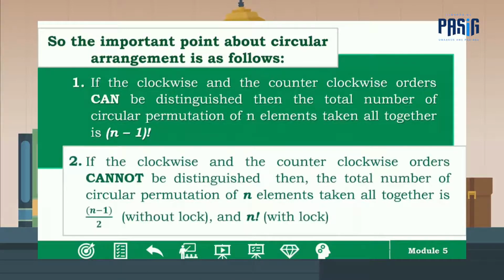Number 2, if the clockwise and the counterclockwise orders cannot be distinguished, then the total number of circular permutations of n elements taken altogether is the quantity (n minus 1) factorial divided by 2 without clasp, and n factorial with clasp.